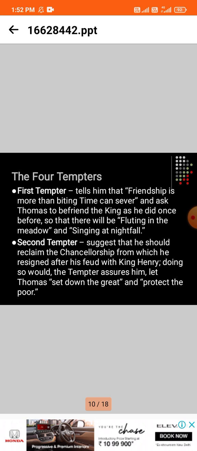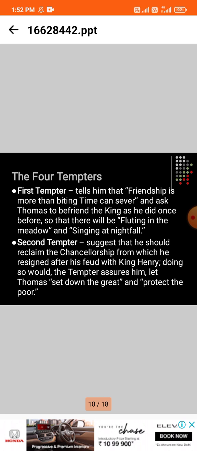The four tempters. The first tempter tells him that friendship is more than biting time can sever, and asks Thomas to befriend the king, Henry II, as he did once before, so that there will be floating in the meadow and singing at nightfall. These are the famous quotes of the first tempter.